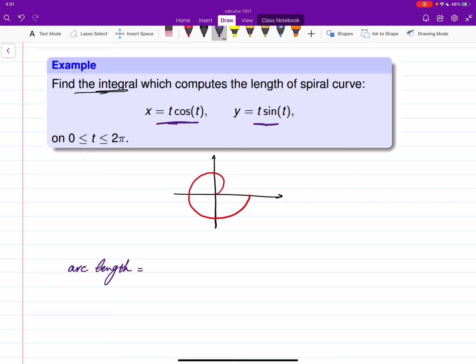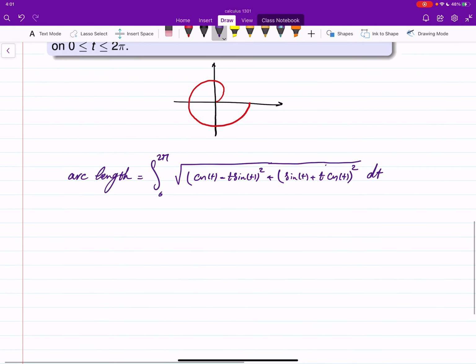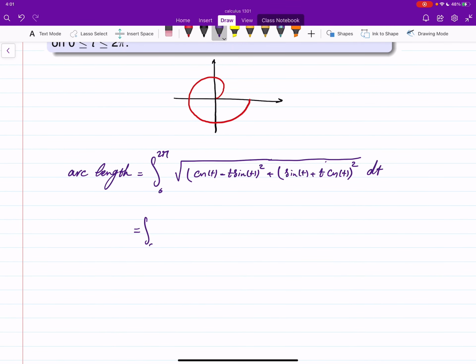Okay. But we don't need to have the graph. What we need to do is just go from 0 to 2 pi, square root of the derivative of x, so cosine t minus t sine t, squared, plus the derivative of y, which is sine t plus t cosine t, squared, dt. We have to simplify that part.